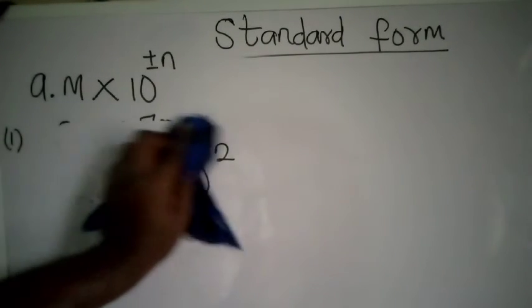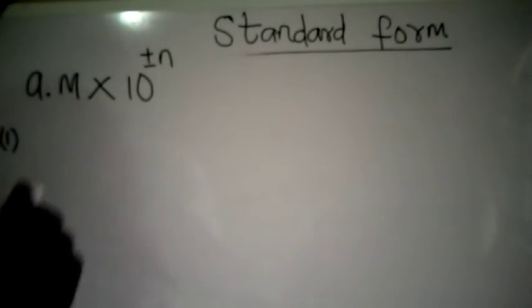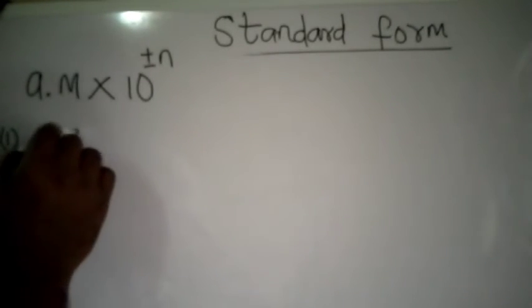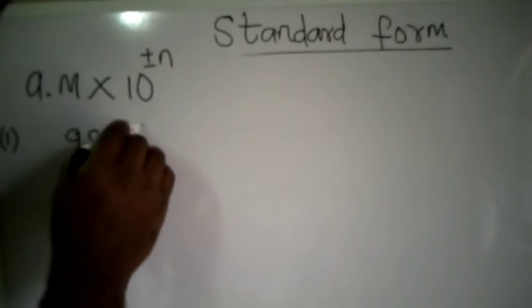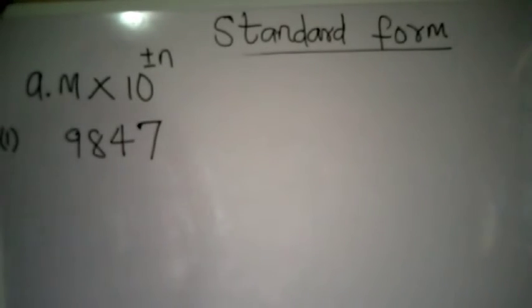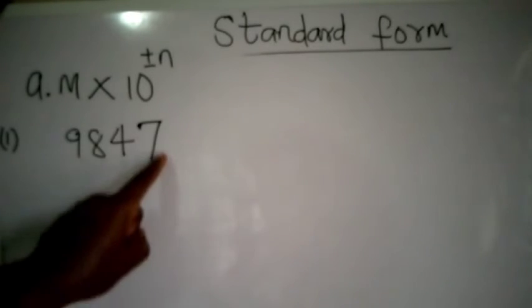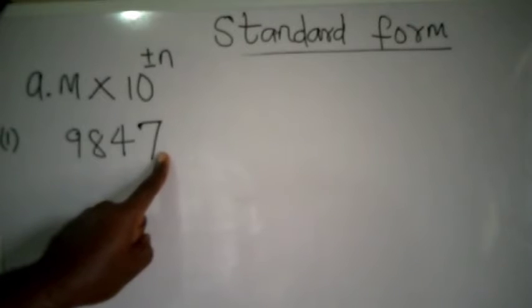Now, assuming I also have another number, say a whole number, 9847. I'm asked to express this whole number in standard form. Now, for every whole number, the decimal point lies at the back of the last number.